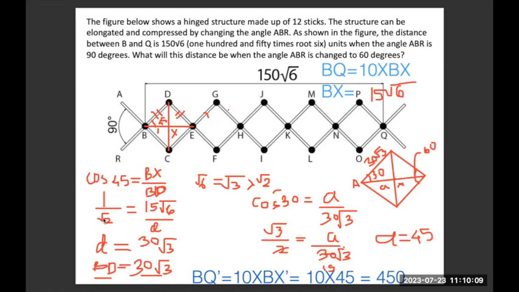Cos 45 is 1 by root 2, which is equal to BX, 15 root 6, which we found from here, upon BD, which I've written here as d. So d, which is the hypotenuse, will be equal to 30 root 3.